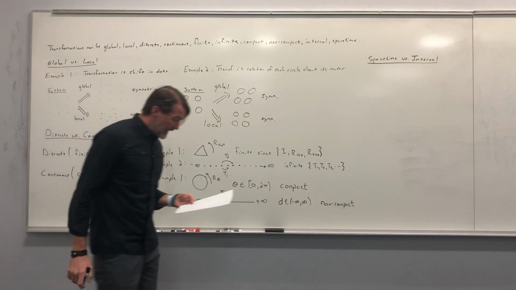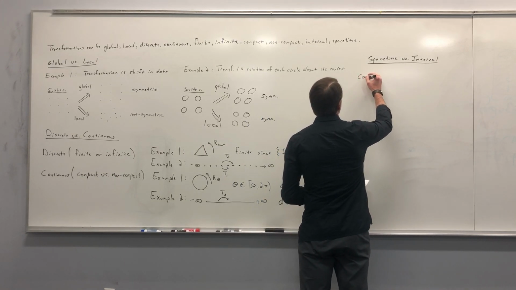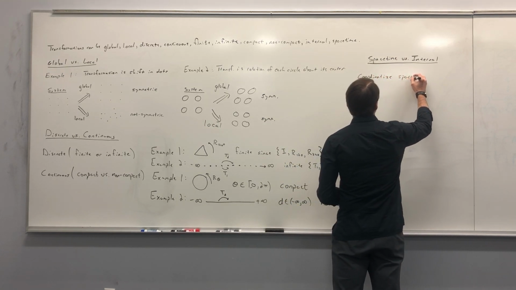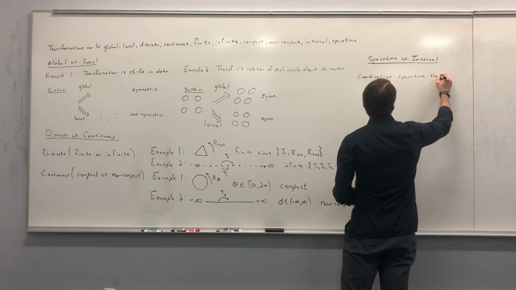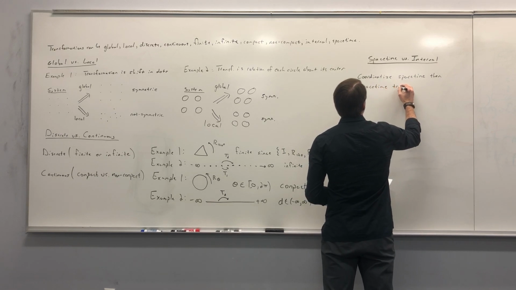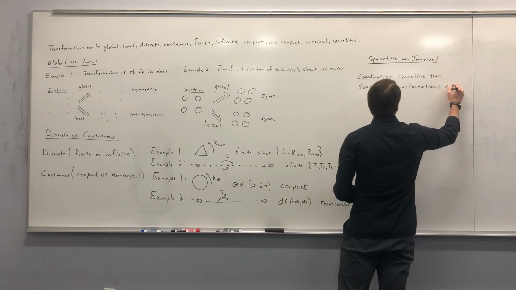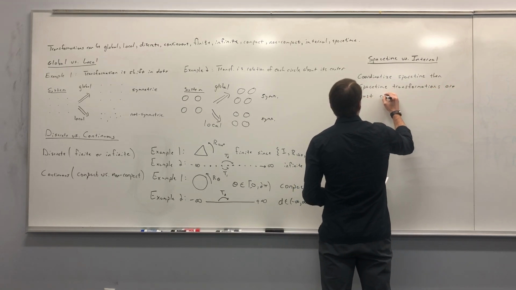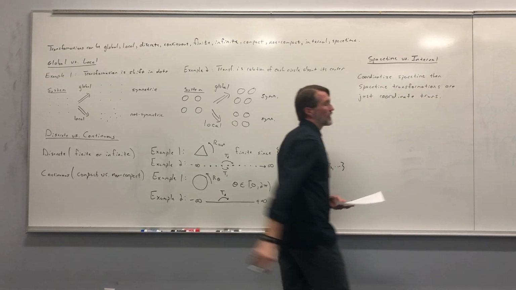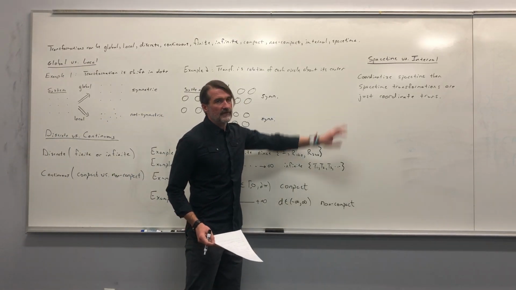And it turns out that if we coordinatize space-time, then space-time transformations are just coordinate transformations. Okay? And this will be obvious when we start using this as an example.